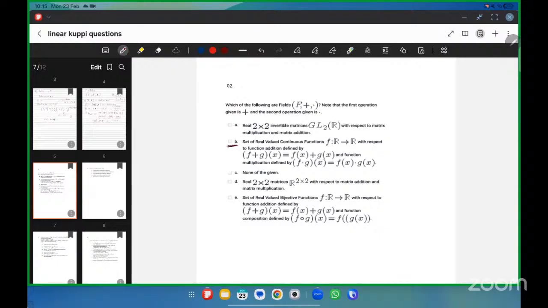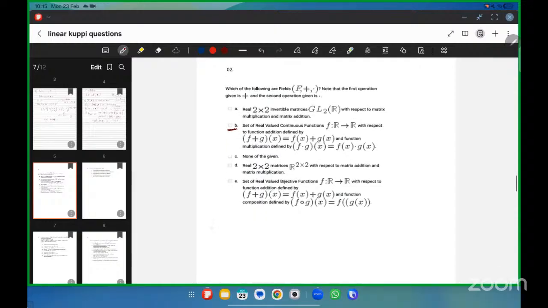Because we checked the function addition and the function multiplication previously. So here also we have to check the conditions one by one. Okay, the first one is, I'll define the set as f, and we are performing the plus and the star.